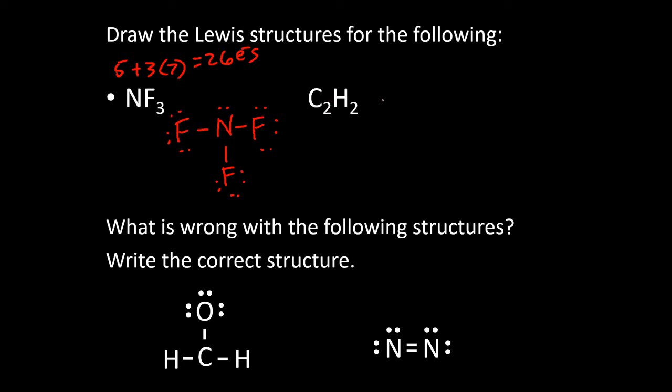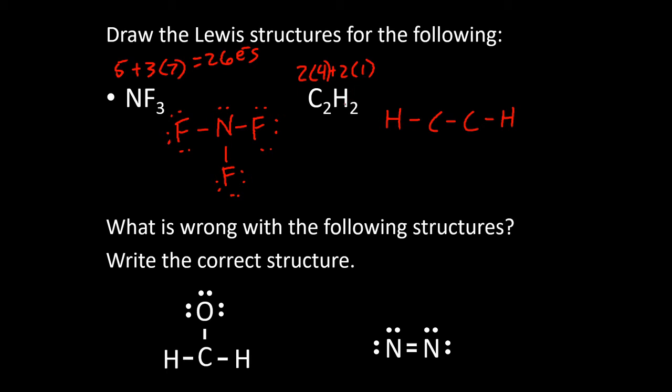This one is similar to ones we've seen before as well. Both of the carbons have an equal right to be in the center of the molecule, so we'll put them both in the center and just make it as symmetric as possible. And that's what we get from that. If we add up the electrons, 2 times 4 plus 2 times 1, 4 from each carbon, 1 from each hydrogen.